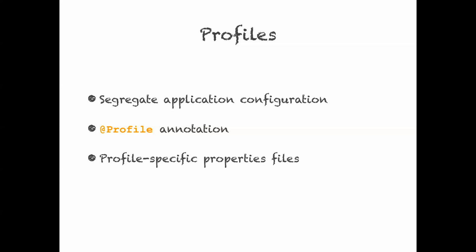One thing I'd like to mention is that profile-specific property files take precedence over regular property files, which is why our application-prod.properties showed up higher than our application.properties in the env endpoint.